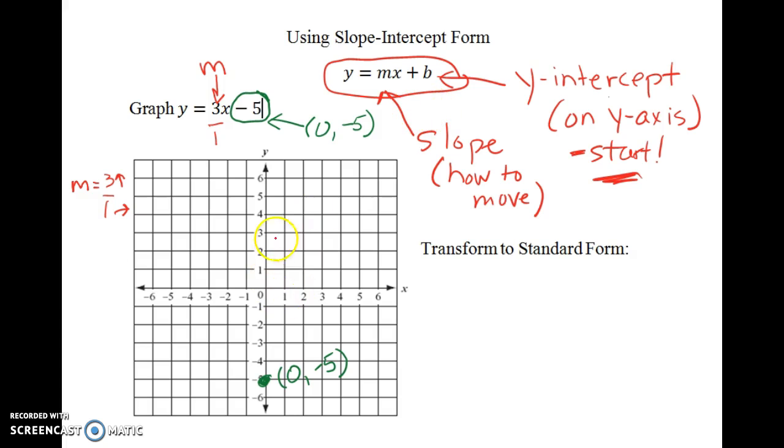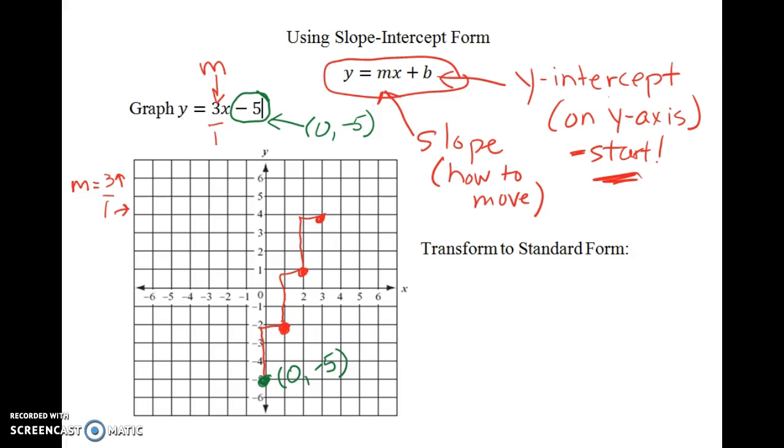So we are going to start at our point here, the y-intercept, and we're going to go up 3. So 1, 2, 3, to the right 1, and there's our next point. And we can do that as long as we have room on our graph. So up 1, 2, 3, right 1, there's a point. 1, 2, 3, 1, point.